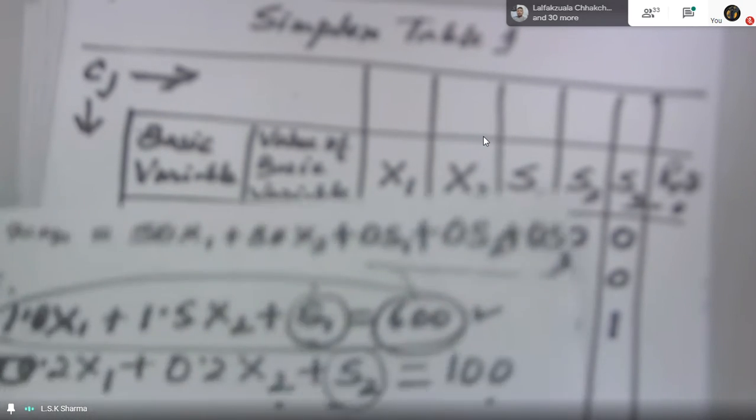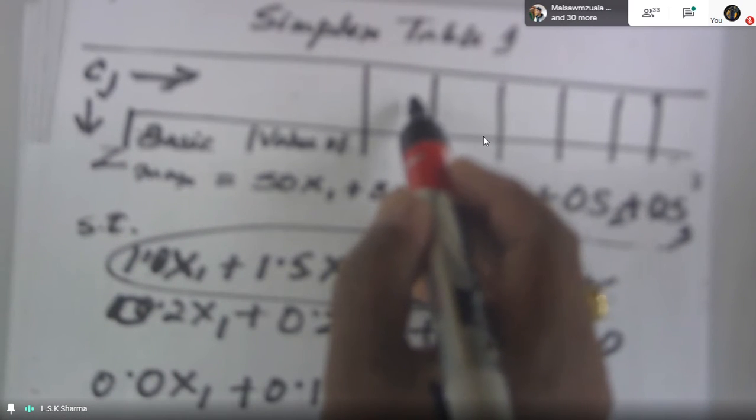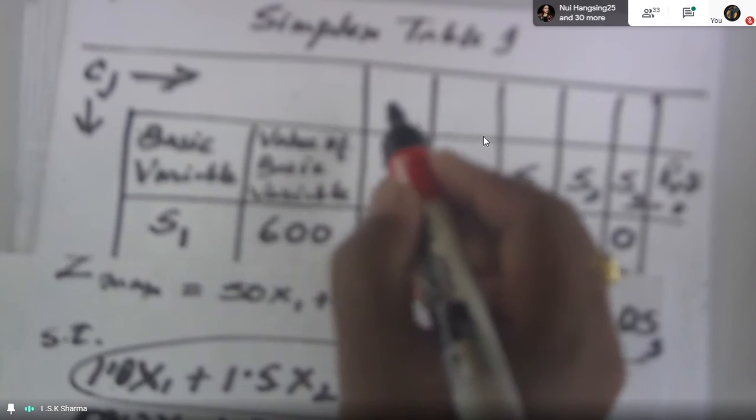Now, I have to transfer the value of the objective function also out here. This objective function will be transferred into the Cj out here. So what is my Cj out here? For x1 it is 50, for x2 it is 80, and for s1, s2 and s3 it is 0.